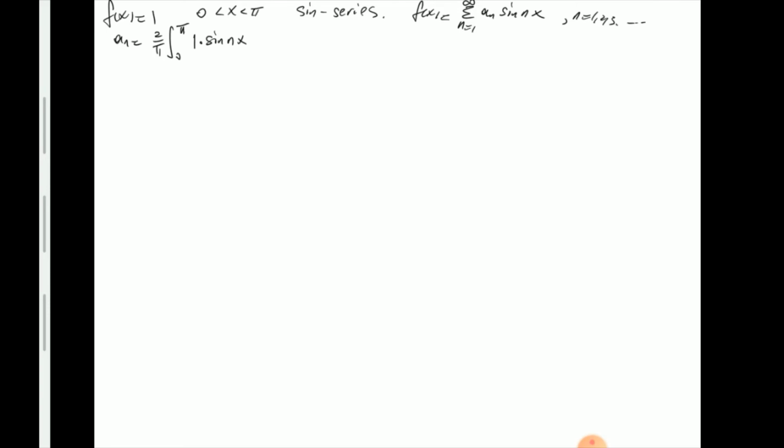Now, this integral, the integral is minus cosine. So 2 over pi minus cosine of nx over n between 0 and pi. And if I plug in pi, I have minus 2 over n pi cosine of n pi. Then it's going to be minus, put parentheses here, minus 2 over n pi cosine of 0. Gotta be careful with that double negative.